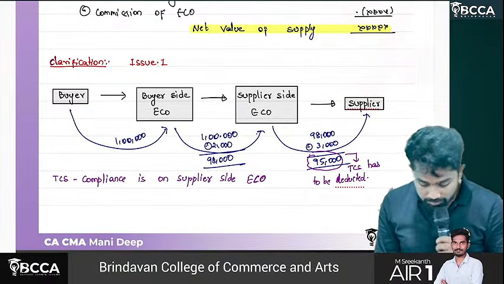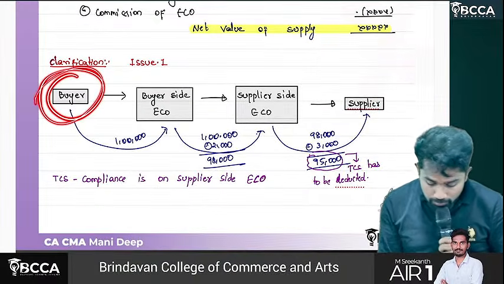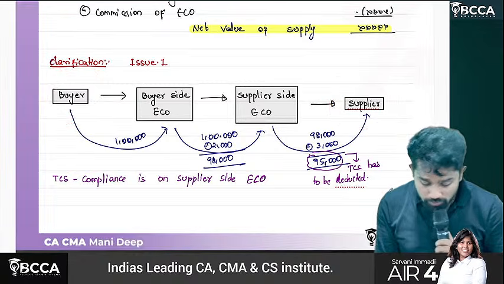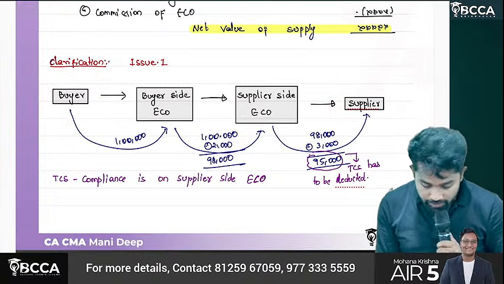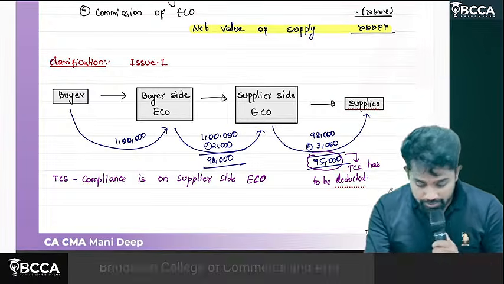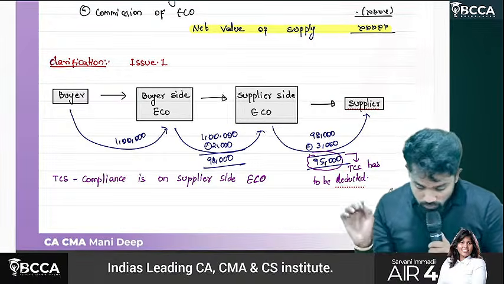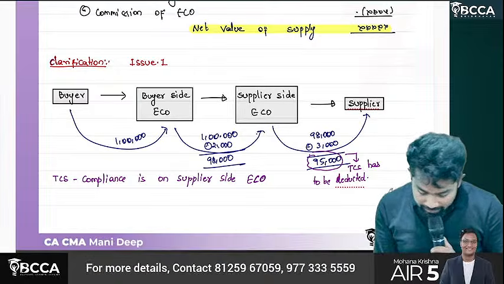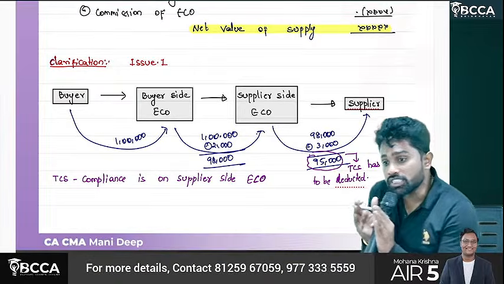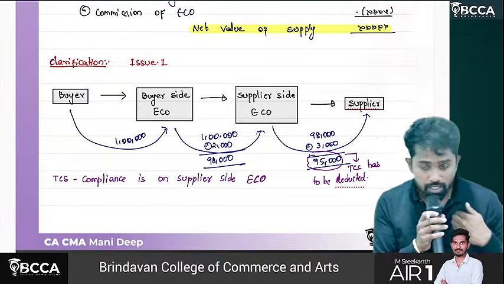Sir, clarification. If in between buyer and supplier, two ECOs are involved, one is the buyer side ECO, the other one is the supplier side ECO, then since two ECOs are involved, who has to deduct TCS? The TCS has to be deducted by the ECO immediately next to the supplier. Sir, I'm a buyer.